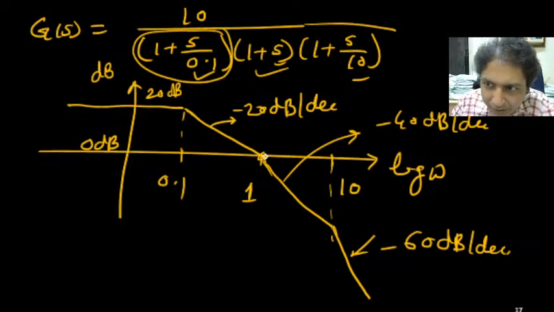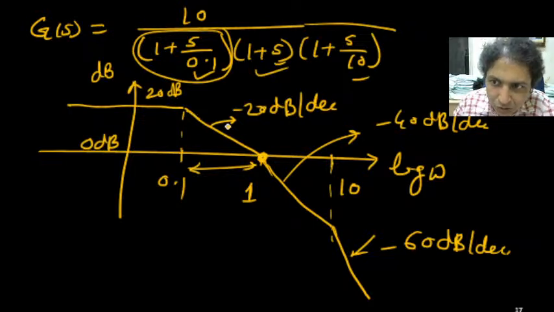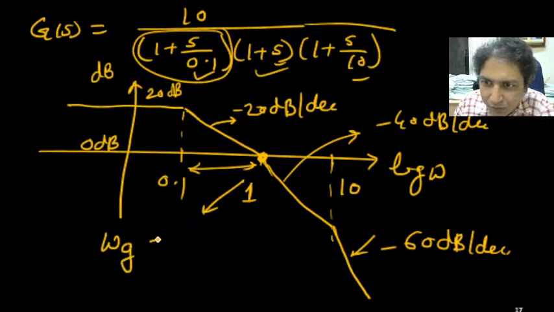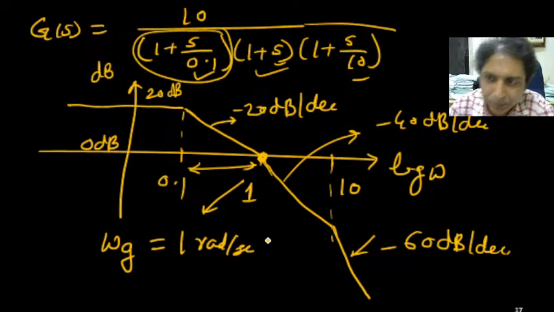So when it is crossing at this point, because this gap is 1 decade, in 1 decade 20 dB is reduced, so it will come to this point on the asymptotic plot exactly. So it implies that the gain crossover frequency omega g is 1 radian per second. Okay, am I correct? Can you understand these things? Can you make a comment please?